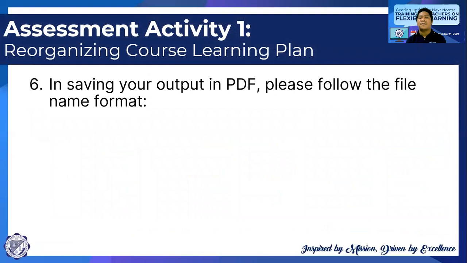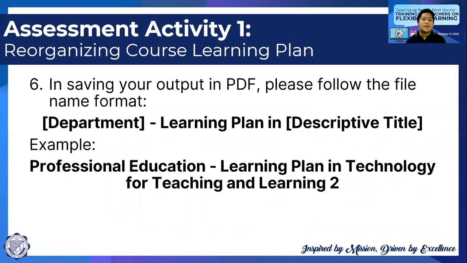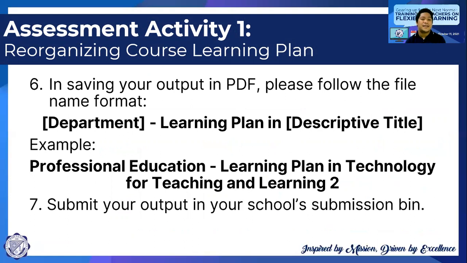So in saving your output in PDF, please follow the file name format, the department, and then learning plan in the descriptive title of the course. Example, professional education, that's the department, and then learning plan in the descriptive title, technology for teaching and learning 2. This is individual. Okay? Submit your output in your school's submission bin.